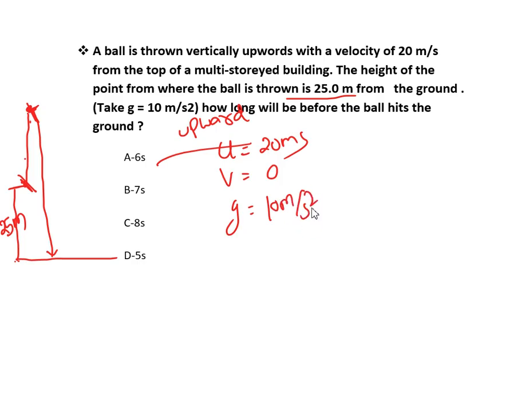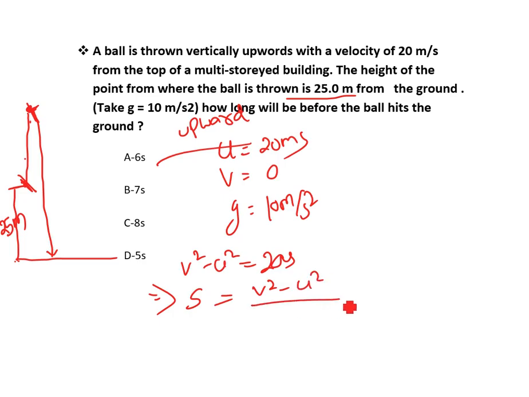Okay. So we just apply one formula. That formula is v square minus u square equal to 2as. So here we can calculate S, as it is going upward. So I just use minus g because gravitational force is towards the center of the earth. So it is v square minus u square divided by minus 2g.